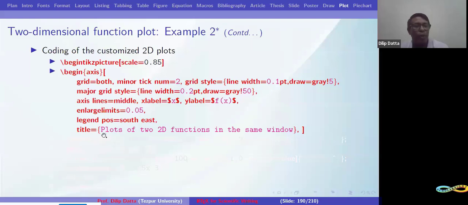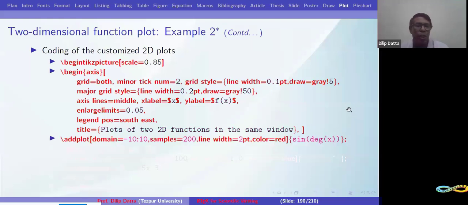Then on top of this, I use some title also, that is done through the title command. Title, plot of this something. Then how this function is plotted, this I already showed earlier also. Now you can specify domain equal to say -10 colon 10, meaning -10 to 10.